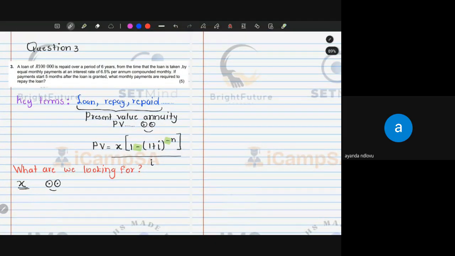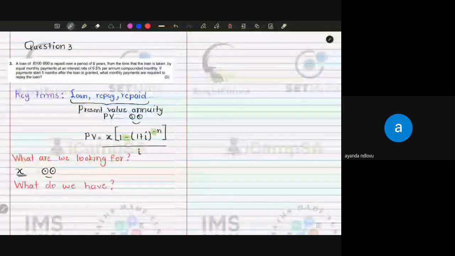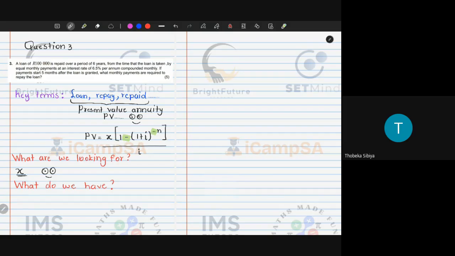So now that we know what we are looking for, we should ask ourselves what do we have. And this one is very nice because we are going to draw a timeline. So you just give me what you think you can see here. The interest rate, which is 6.5%. On point, I is 6.5%. And what else do you guys see?